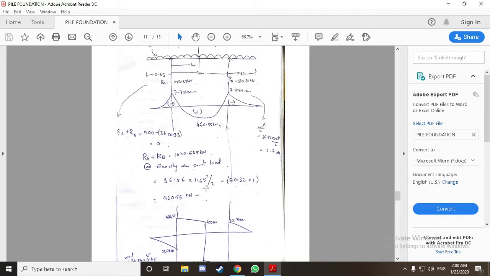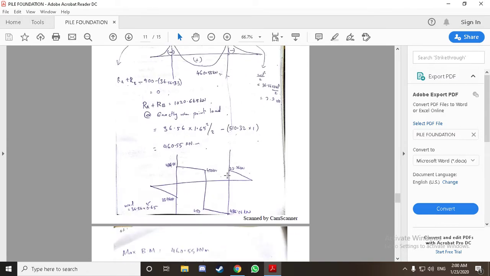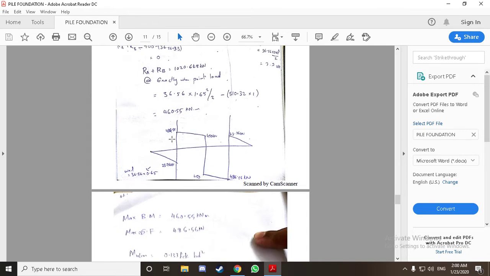And at the center, we know that there's a 900 kilonewton load acting on it. So from 486 it comes slowly down to 450, and then from positive 452 it goes suddenly down to minus 450.